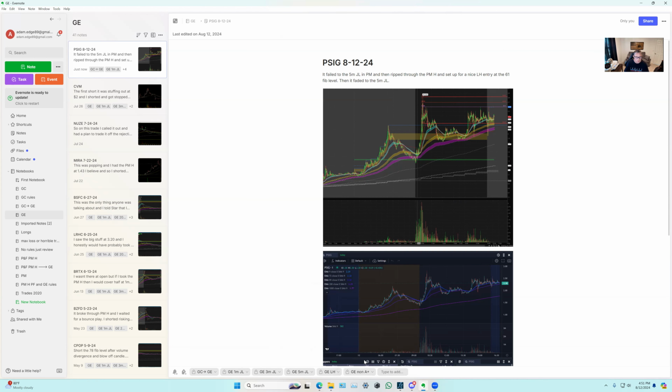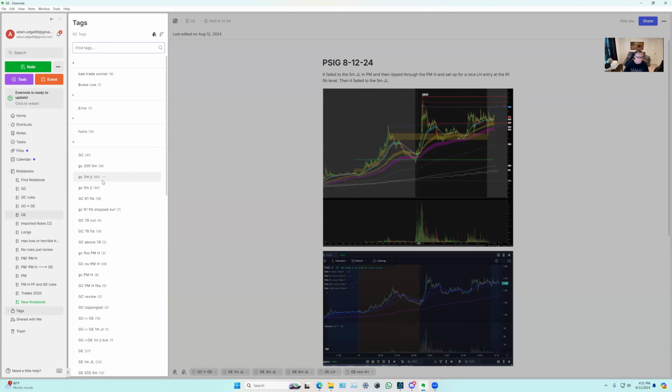I want to start creating these tags, because you can start going through the tags portion and seeing, okay, on the gap and crap, I have 41 of them tracked, right? There are 40 of them that hit the 3 minute J lines, 40 of them hit the 5 minute J lines. 19 of them gave you a good 61 fib bounce.